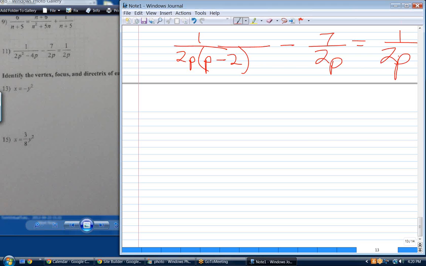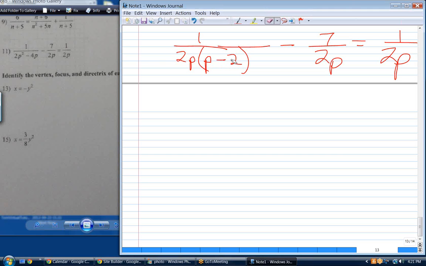So now what do I want to multiply every term in this equation by? Not by 2p, because that won't get rid of this whole thing. Notice that I've got to get rid of this denominator on this term here also. My goal here is to get rid of the denominators. I want to get rid of this 2p, and this 2p times p minus 2.